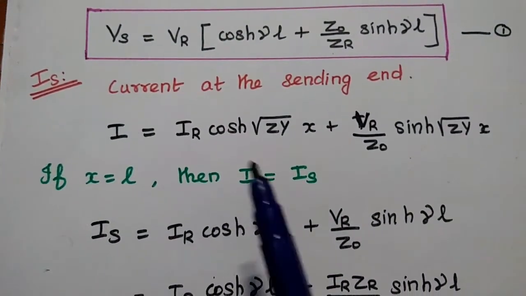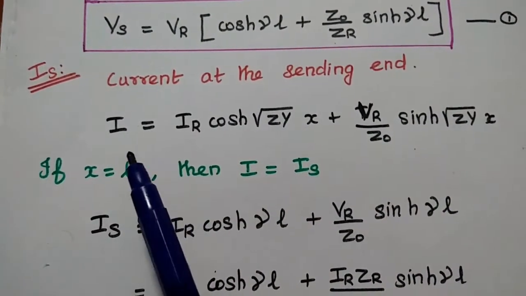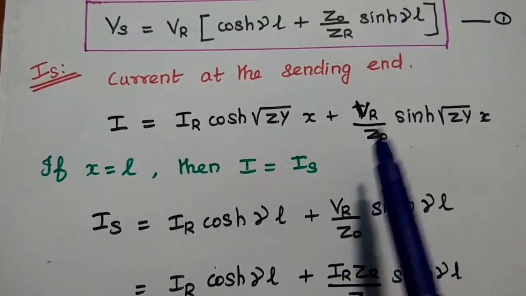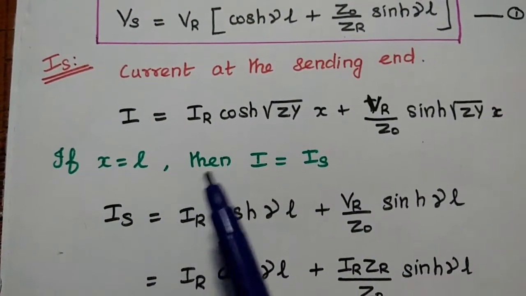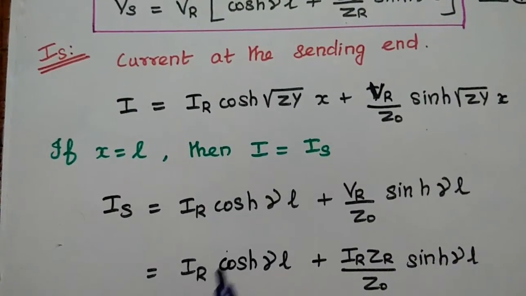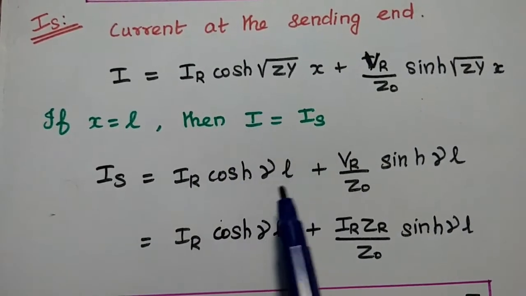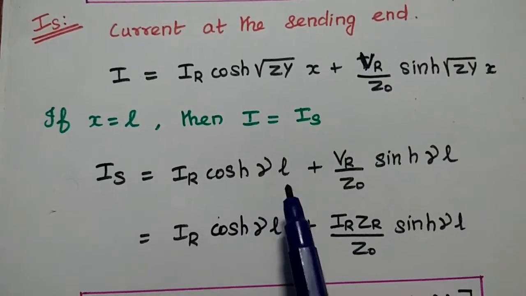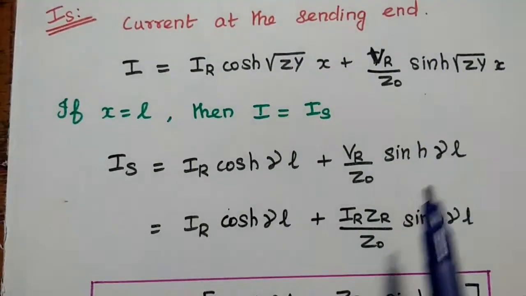Similarly, we can derive the current at the sending end. For that we have to consider the current equation. I is equal to IR cosh square root of zy x plus VR by Z naught sinh square root of zy x. If x is equal to L, the current becomes the current at the sending end or sending current. So Is is equal to IR cosh gamma L plus VR by Z naught sinh gamma L, where square root of zy becomes gamma.